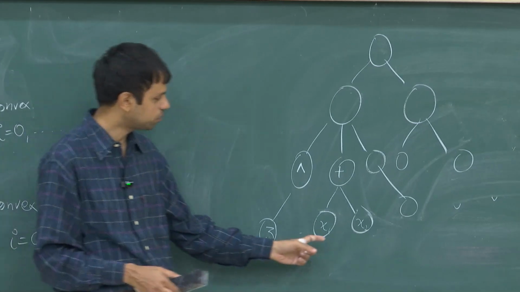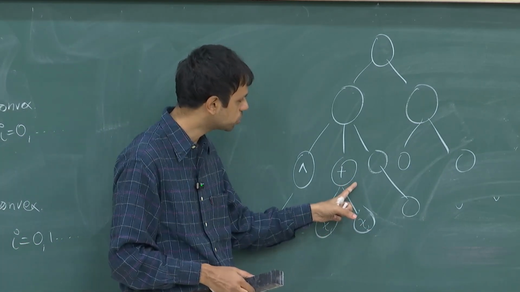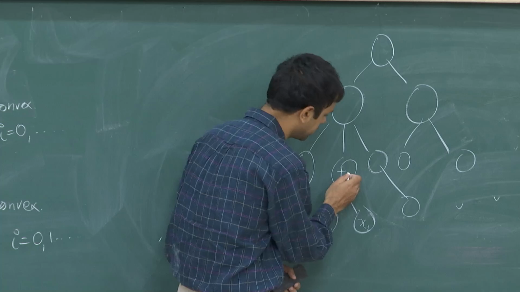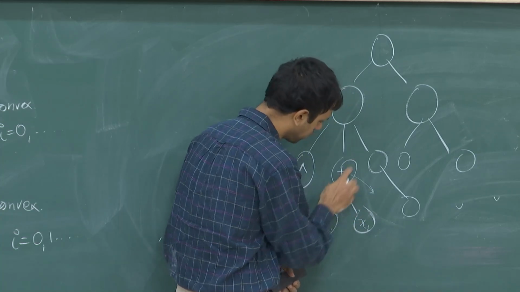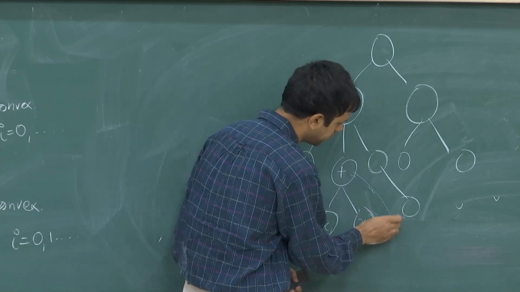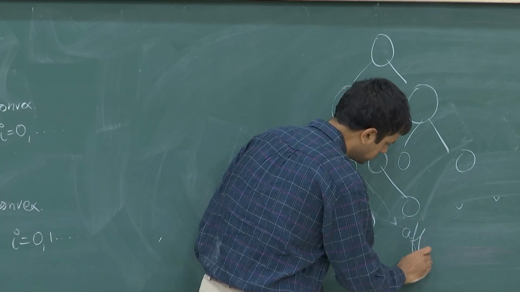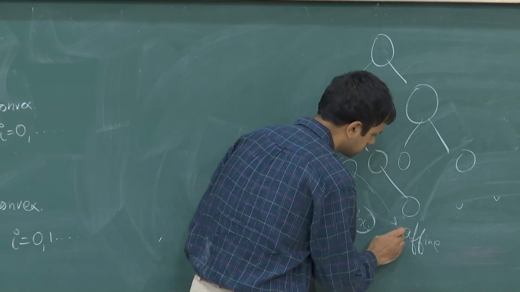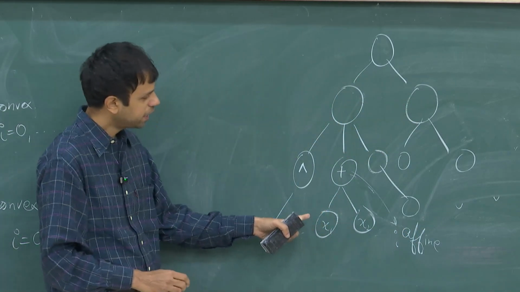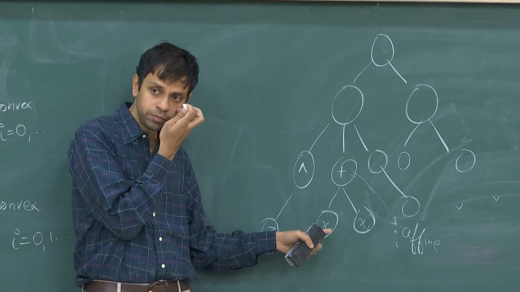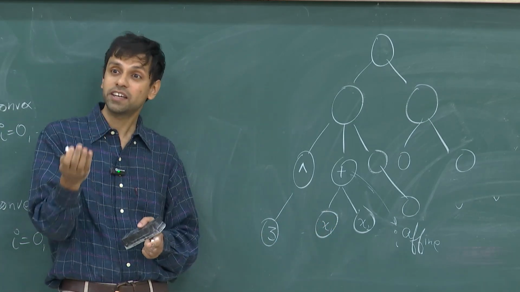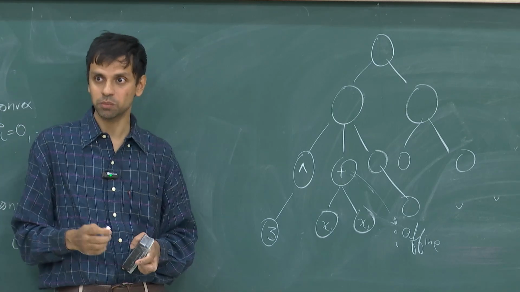For example, if I do x1 plus x2, then if I look at the subgraph below this node, I can say that it is an affine function, number one, and I can also say that it is a non-decreasing function in both variables.